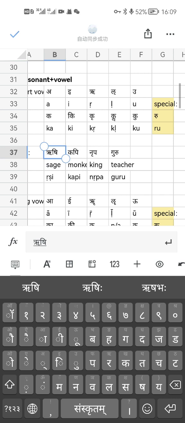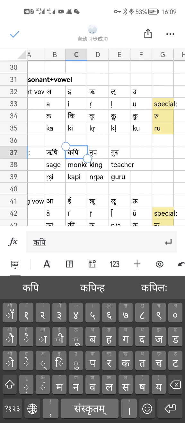The first one is just the letter ri, and the second one is shi, so we can add a space here. The second letter is sh and i, shi. Rishi, and we put them together, so this is one word, rishi.